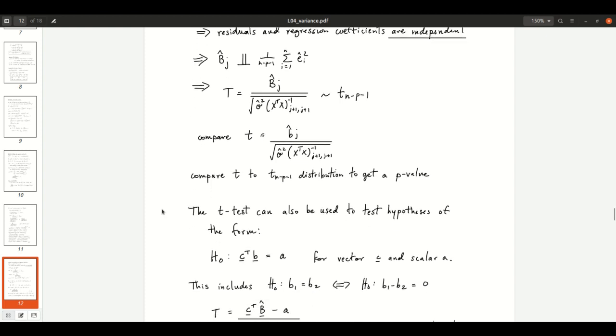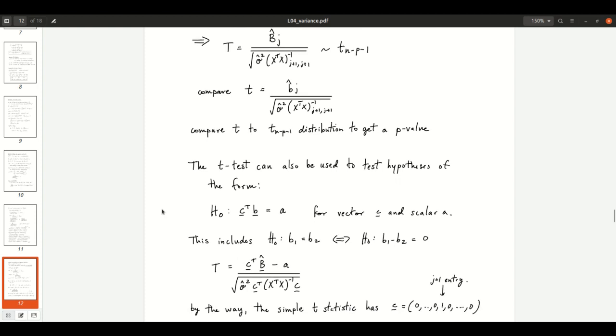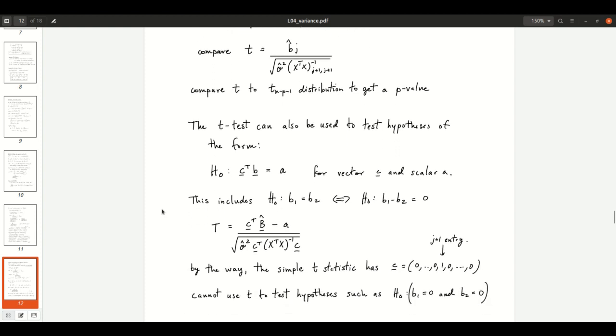Okay, another thing about t-tests is they can also be used to test hypotheses that have the following form. So if we have some vector c that's p plus 1 by 1, and we compute c transpose b, this is just a linear combination of the regression coefficients. We can test the hypothesis that c transpose b equals some quantity.